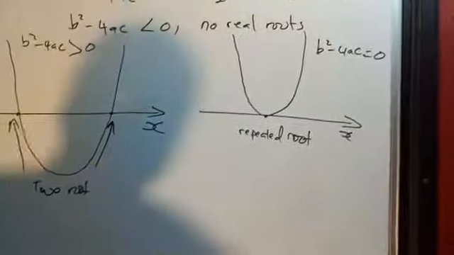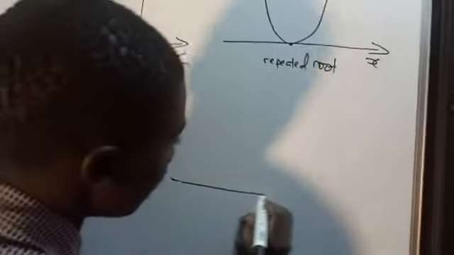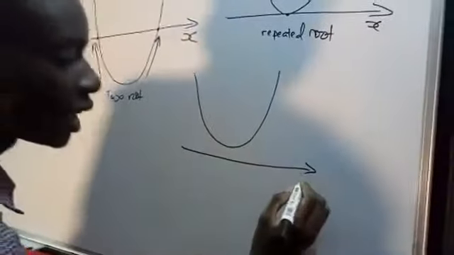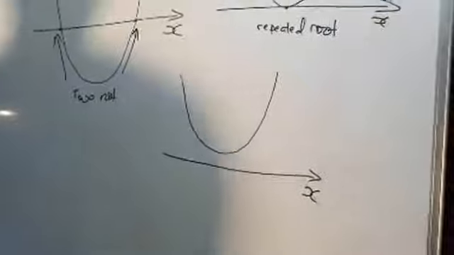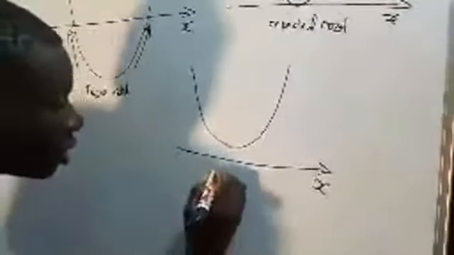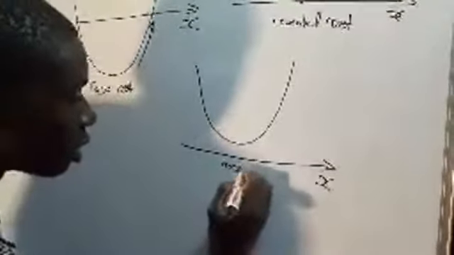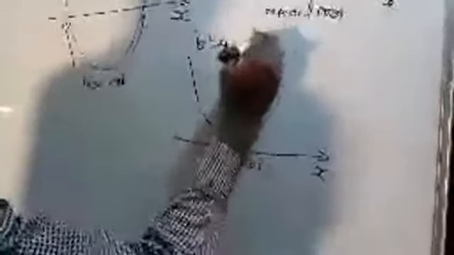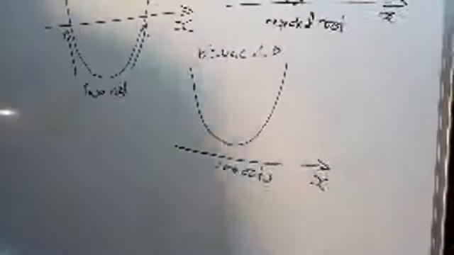And another graph may appear like this, when it doesn't touch the x-axis, meaning that this one has no roots, meaning b squared minus 4ac is less than 0.